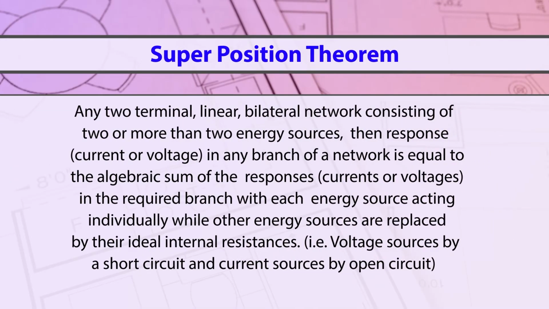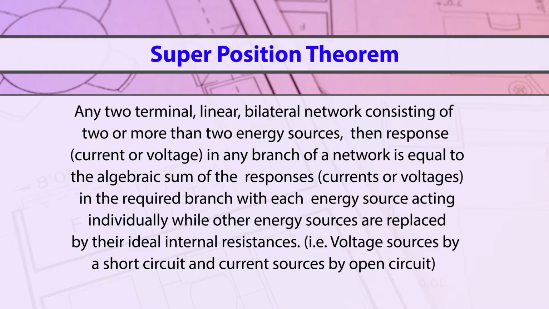For any two-terminal linear bilateral network consisting of two or more energy sources, the response in any branch of the network is equal to the algebraic sum of the responses in the required branch, with each energy source acting individually while the other energy sources are replaced by their internal resistance.